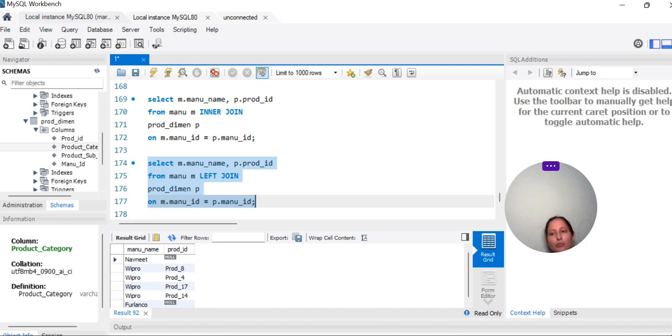It is not misleading information, because under the product ID it shows a null value, which is an explicit indication that this is a manufacturer who is there but is not delivering any product. So this is a fantastic report which shows me the full picture. If there are 10 other manufacturers who are not delivering any product, they will show up nicely in this report. Their names will appear but with a null value against the product ID, because there is no matching product in the product dimension table from this manufacturer.